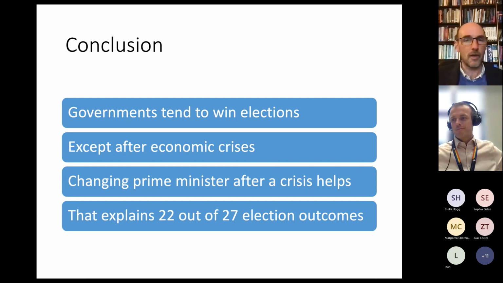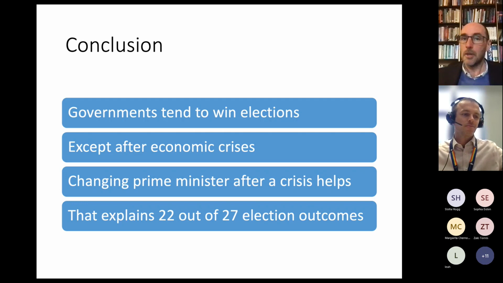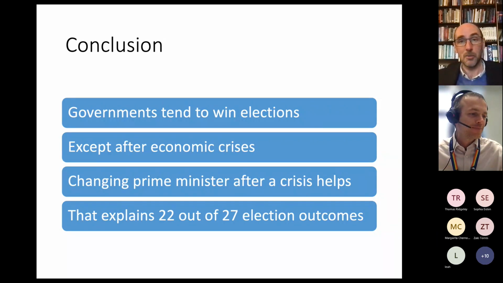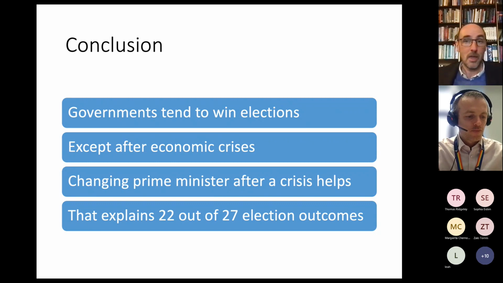So what does all of that mean for how we might think about the run up to the next election? It's been an extraordinary time with the pandemic, leading to a recession because of lockdown, particularly. The government deliberately shut down large parts of the economy in order to control the pandemic, and that's an unprecedented event. And it didn't lead to the government becoming hugely unpopular, or at least not straight away, not directly.